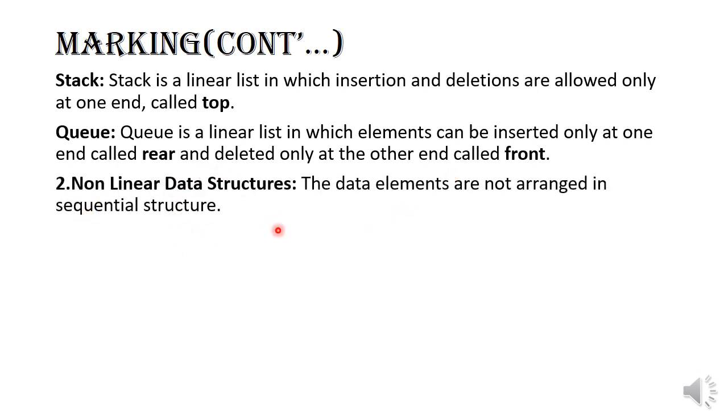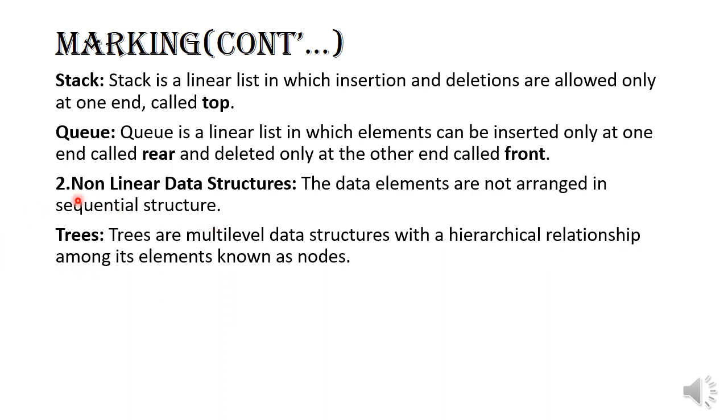So, non-linear data structures. In this type of data structure, the elements are not arranged in a sequential structure. It means that the elements are not stored in attached or sequential memories, and you cannot access the elements of this structure sequentially.